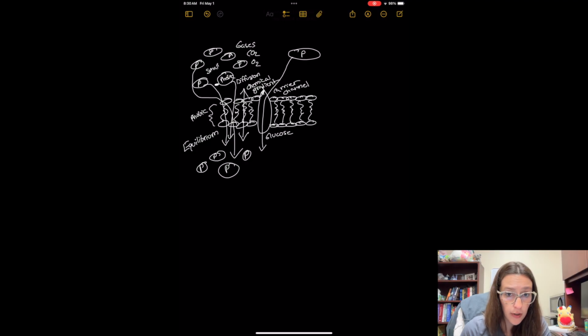I want to point out that these carriers can function in two ways, right? So I've got these larger proteins that can function in two different ways. The first way can require no energy, and we refer to that as facilitated diffusion.